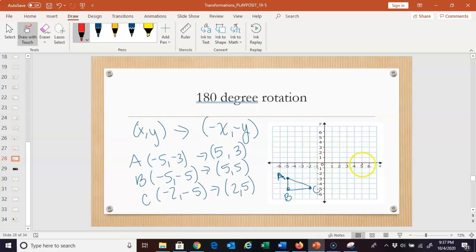So let's plot the new points. 5, 3 is A prime, 5, 5 is B prime, and 2, 5 is C prime. See, I could definitely not do this visually. Some people can, though. I admire them. So we rotated that 180 degrees.